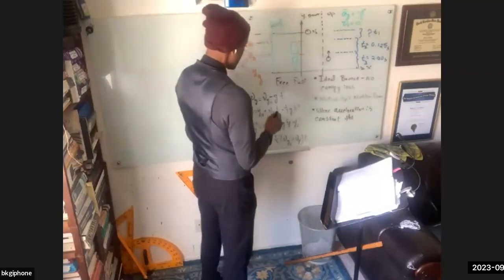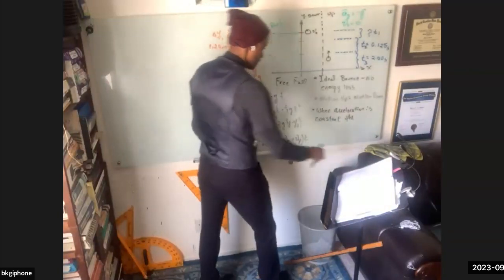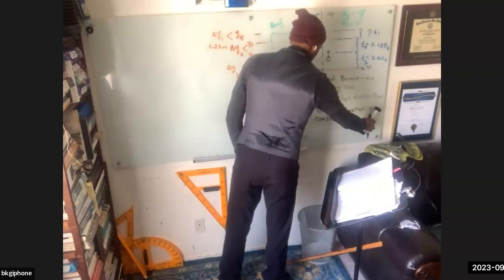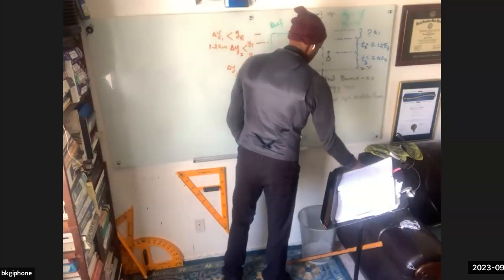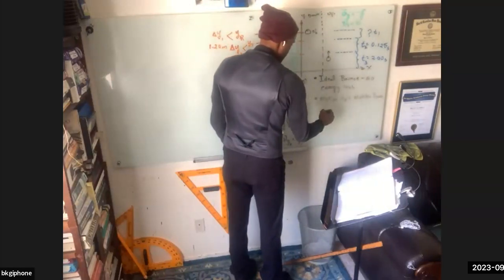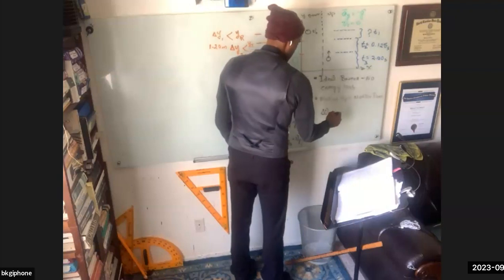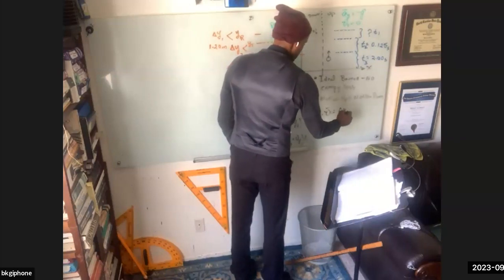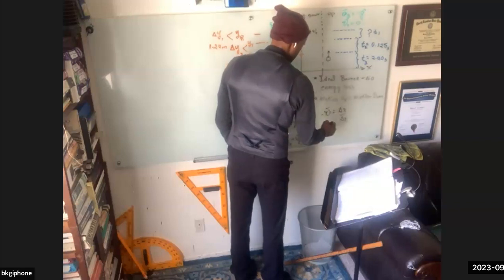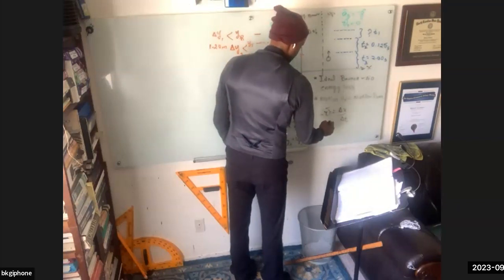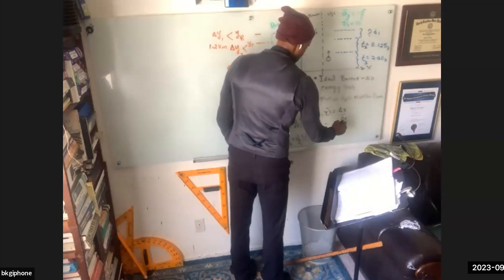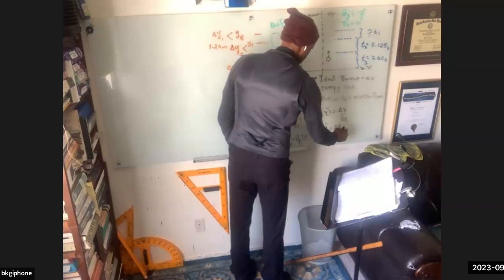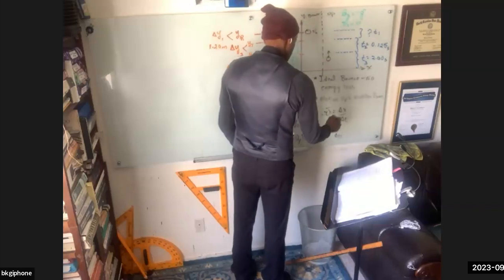Wait a minute. That's average acceleration. Let me back up. Average acceleration. So average velocity, delta v average, is equal to delta x over delta t. That's average velocity. And a average is equal to delta v over delta t. Let me back up a minute. I might have misspoken.